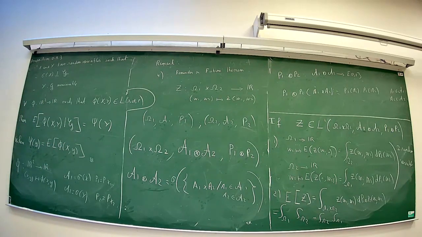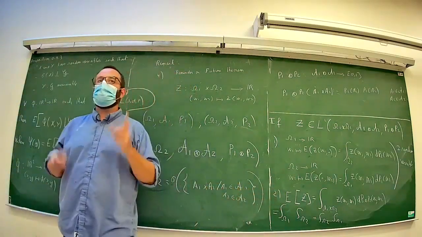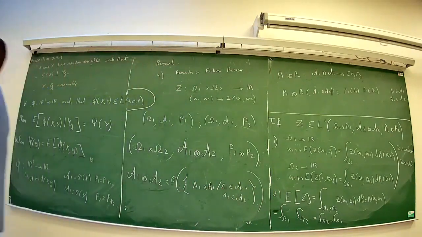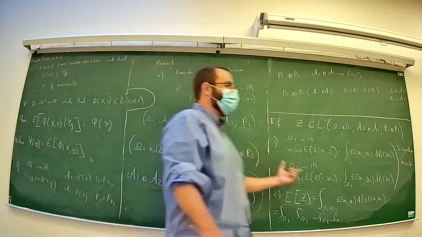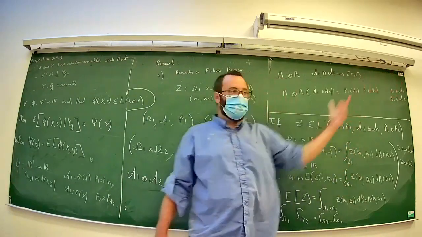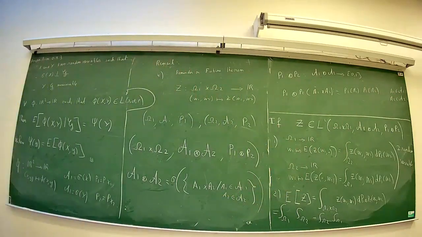Okay? So to say what? That when I consider partial integrals, we always include only these results in the second statement of the Fubini theorem, saying that I can compute the integral in the order I want. Don't forget that if you want to compute the integral in the order you want, the partial integral has to still be a random variable to be integrated. The first statement is the one we always forget concerning the Fubini theorem.